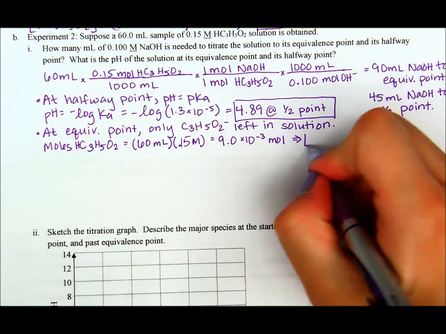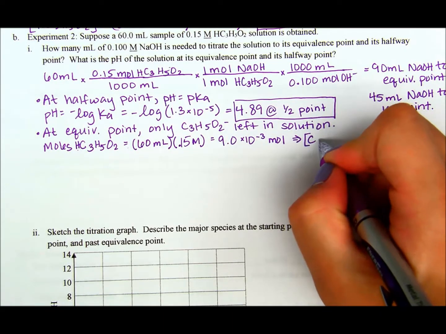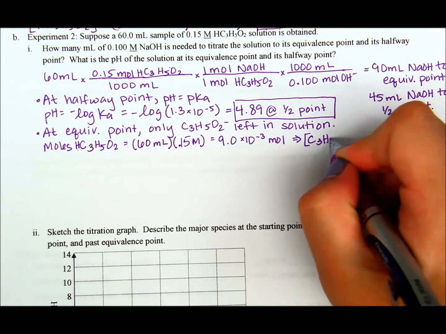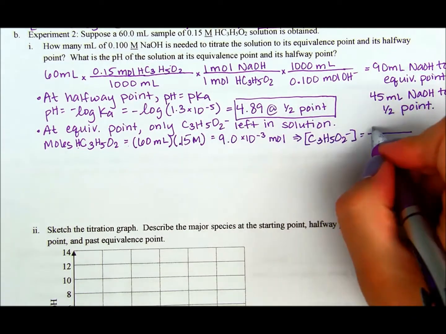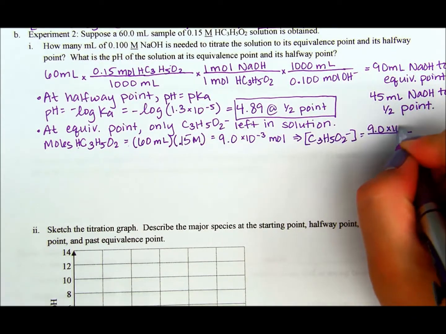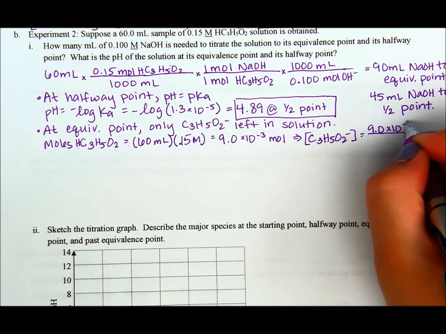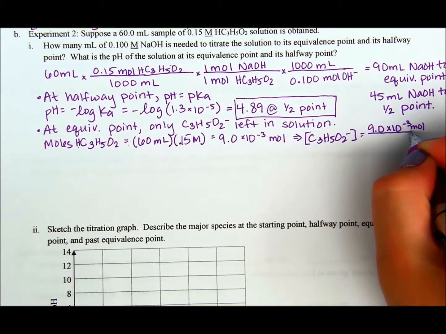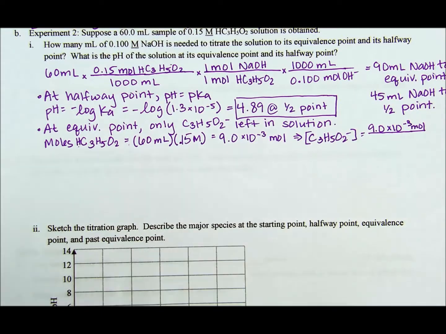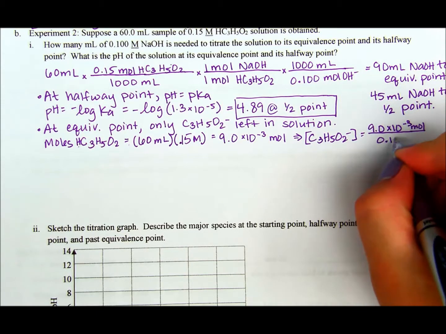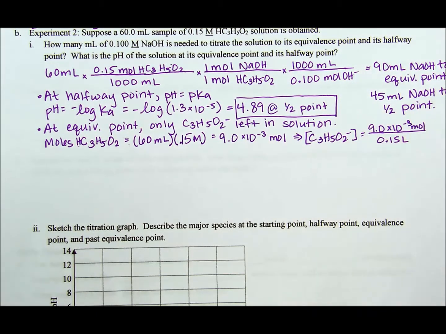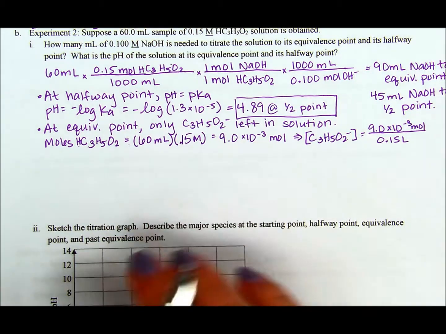Molarity is moles per liter, so the concentration of C3H5O2 minus is going to be in moles per liter. Well, I have my moles from here, 9.0 times 10 to the negative 3 moles. And I have my volume. My volume here is going to be 0.15 liters, because I need the total volume of my solution at this point.